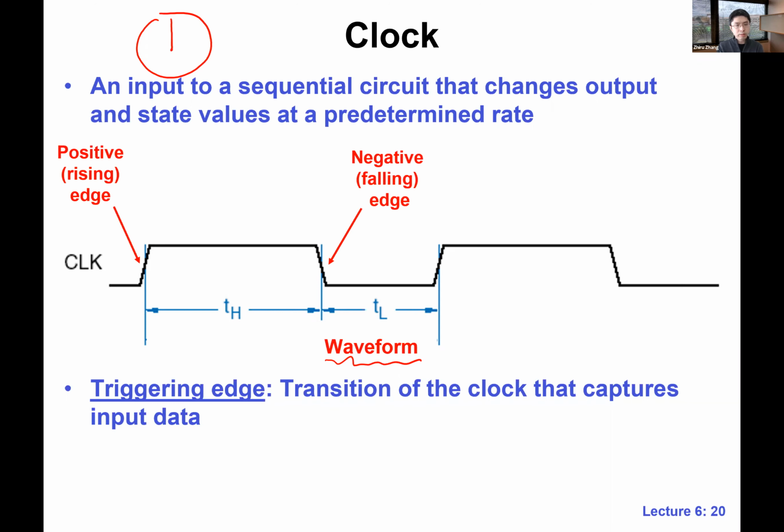The other is called a negative or falling edge. Again, the names are fairly intuitive. When we go from 0 to 1, or low to high, that's a rising edge, and over here we have a falling edge, from 1 to 0.